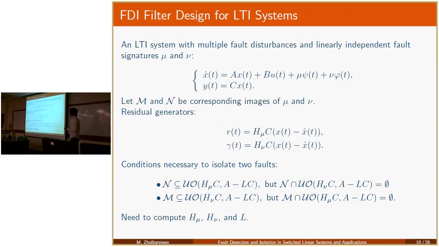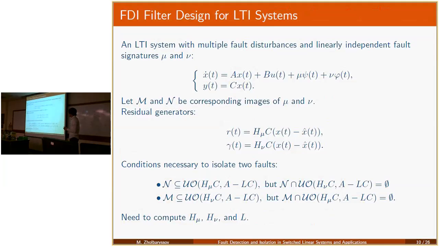But if we have more than one fault in our system, then we can no longer distinguish them. In this scenario, we need two residual generators such that each residual generator responds to exactly one type of fault and stays insensitive to the other fault disturbance.